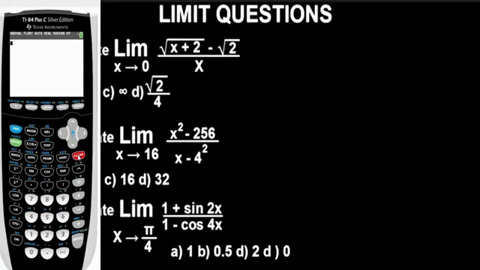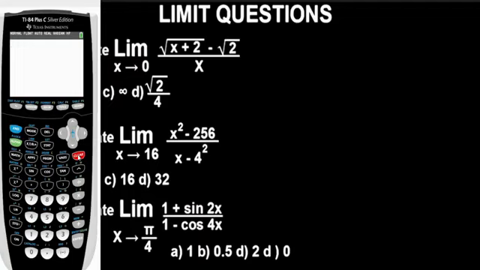Now the next thing you have to do will be to ensure that the calculator is in radian. Now there are two things here. If the limit is tending to a real number without a trig function involved, you can solve it in degree mode and you'll be on the safe side. You will get the right answer.